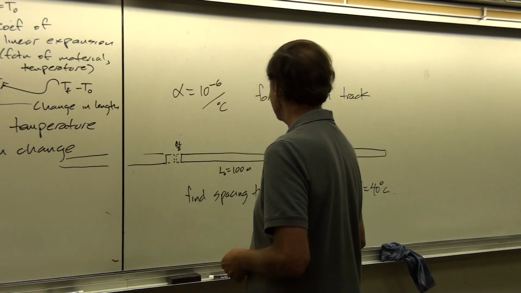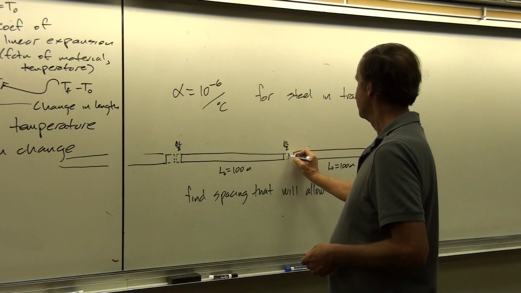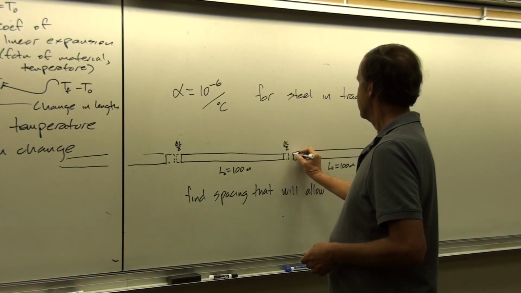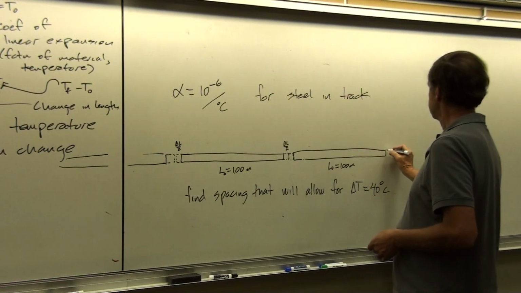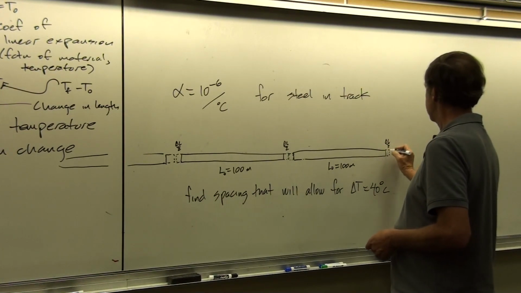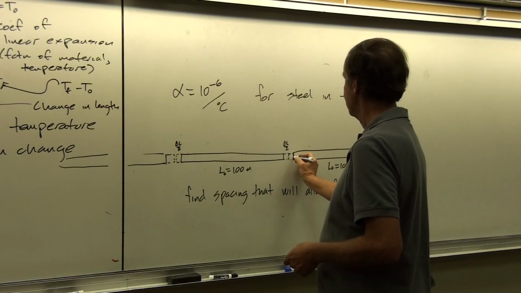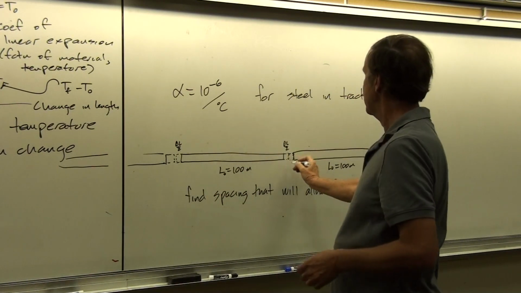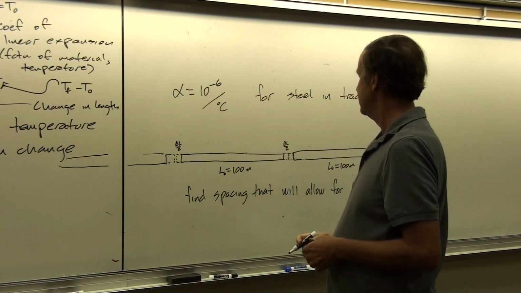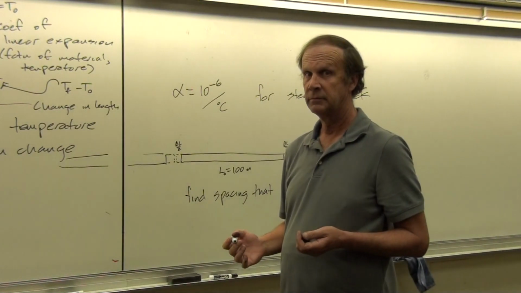And so that'll make the total gap between the tracks delta L. Because you have a delta L over 2 and a delta L over 2 for each of the individual tracks. And so that means you have to accommodate twice that gap.